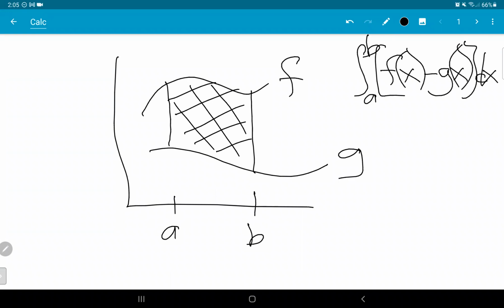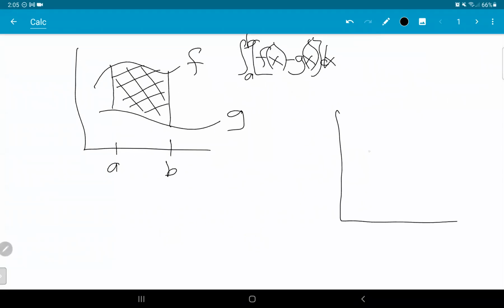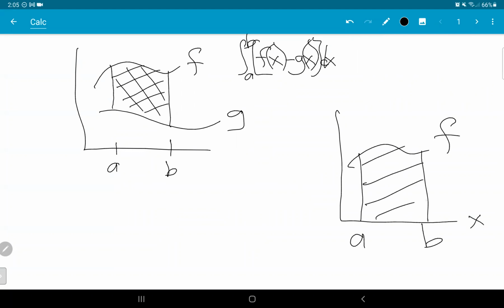And the proof for this formula is the formula for the area under a curve, right? Remember, if you have a curve, say F, and you want to find the area below the curve above the x-axis from A to B, the area is given by the integral from A to B of F with respect to x.